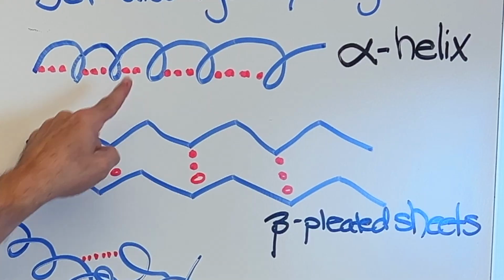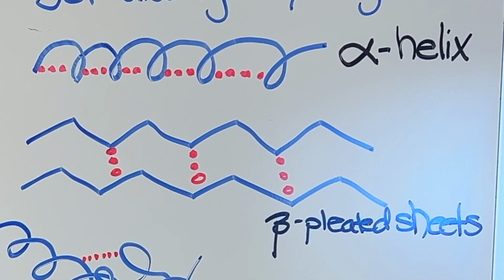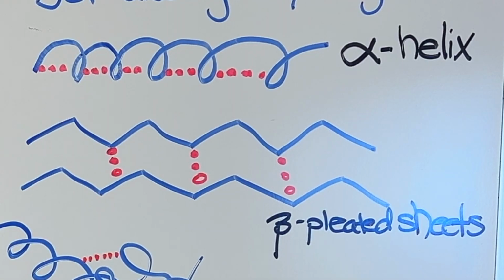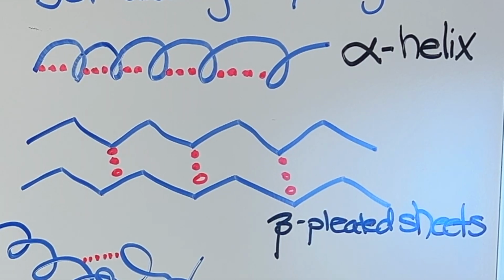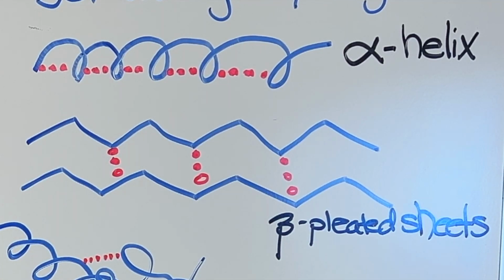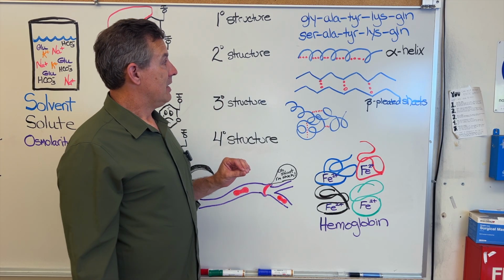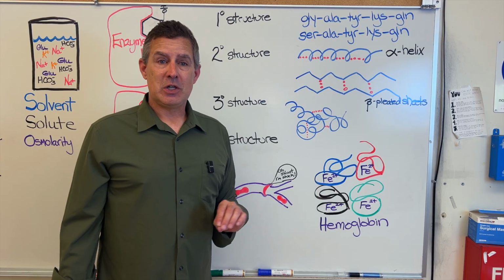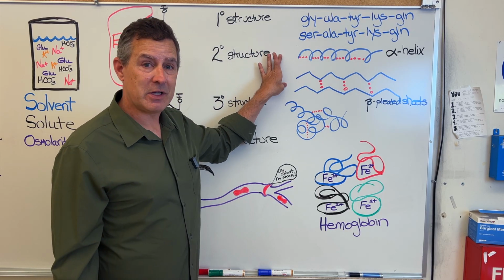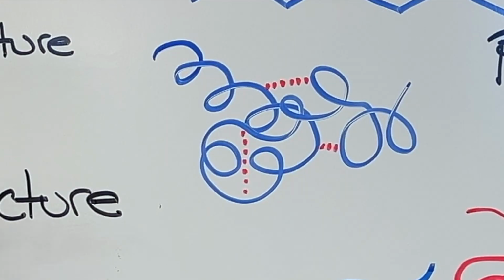The red dots in both of these structures represent hydrogen bonds. We talked about hydrogen bonds between adjacent water molecules, but they also play a part in proteins as well. So keep in mind, we've talked about pH. If the pH deviates from the acceptable range, it can wreak havoc with the hydrogen bonds in proteins.